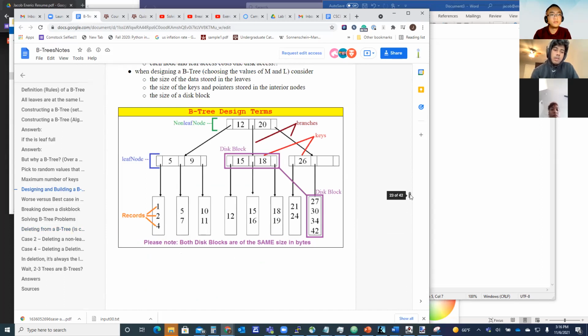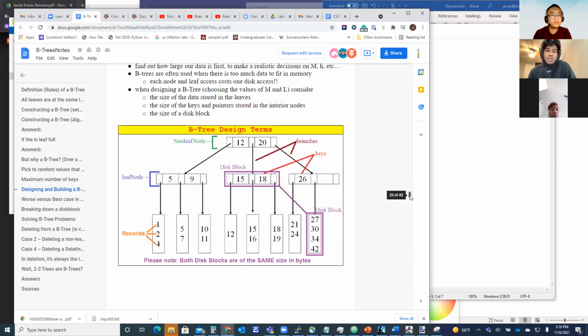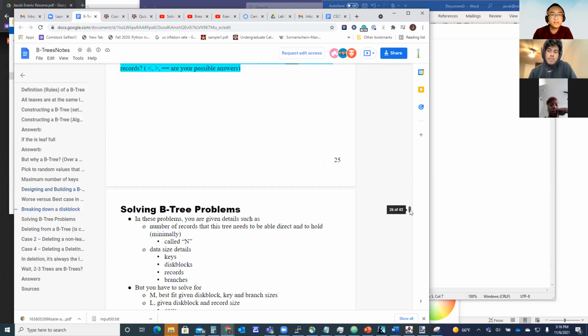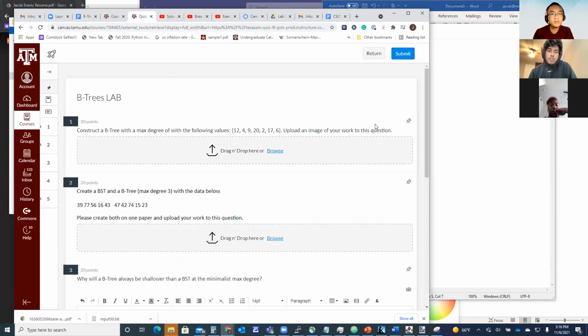Unless he wants us to design that. No, he didn't mention it, so let's not worry about it. I guess we could just add a disk block, but it seems unnecessary. These records are not the same as the leaf. And we don't even know what L is because he didn't say. He didn't give us L, so I'm going to presume that he didn't want it.